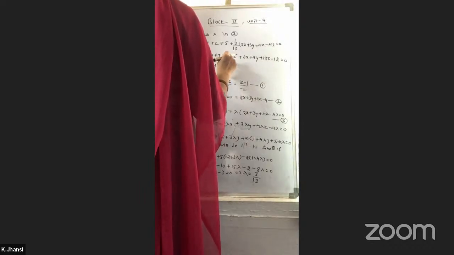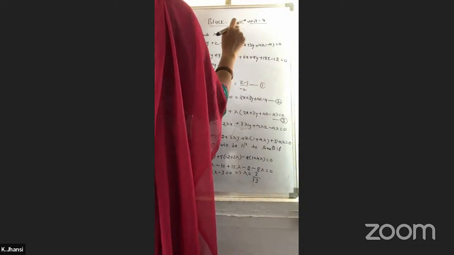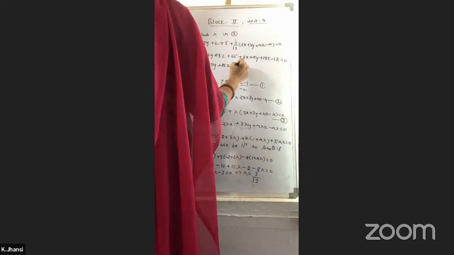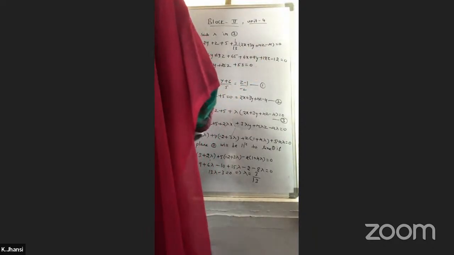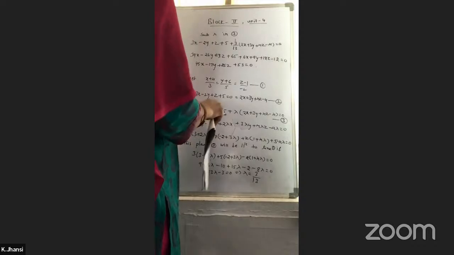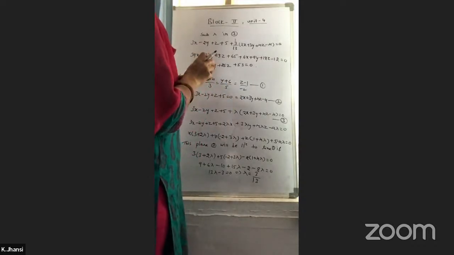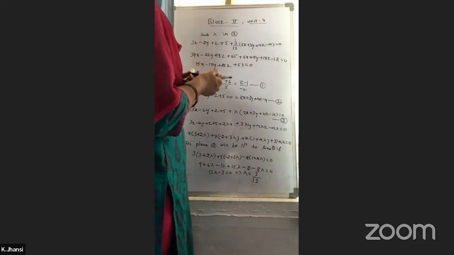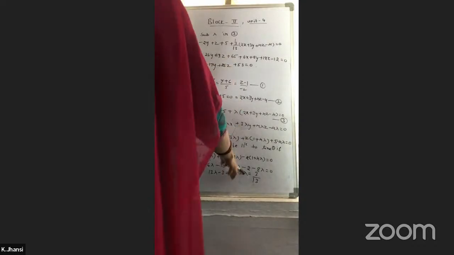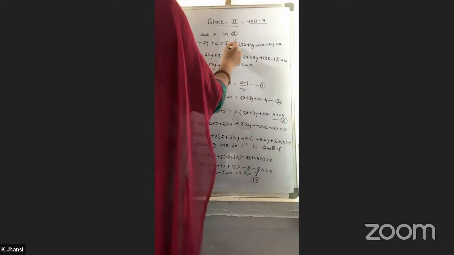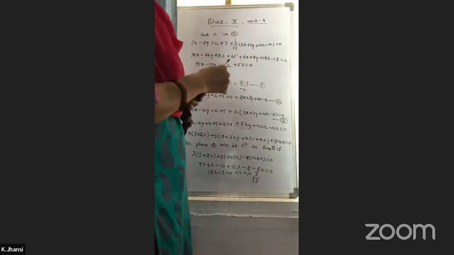Plus 65 plus 12 means 77 ... plus 53 equals 0. Okay, so this is the plane we are getting after combining the two equations. When you combine with lambda, and it is parallel to line 1, then we get the lambda value, and after substituting the lambda value and simplifying, we get this plane equation.